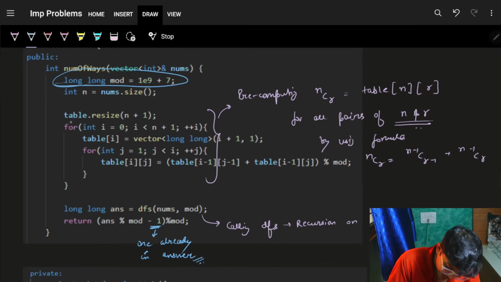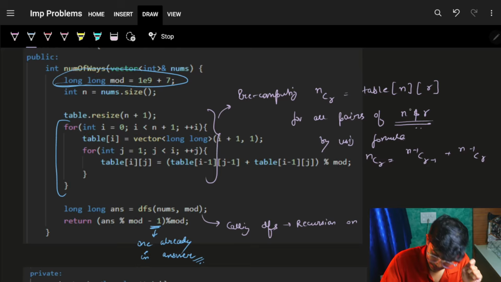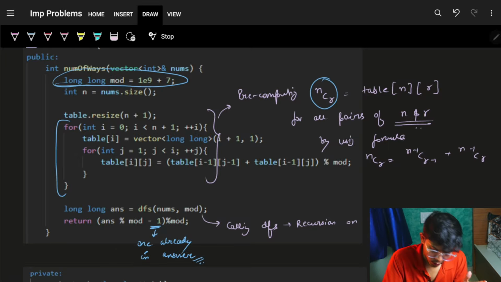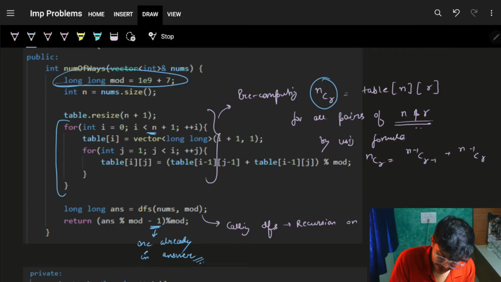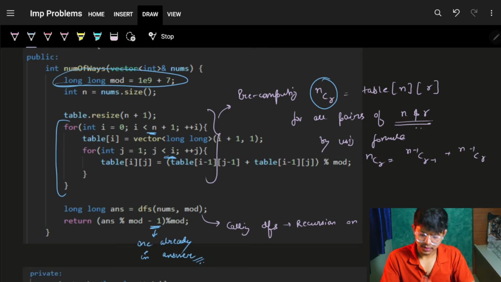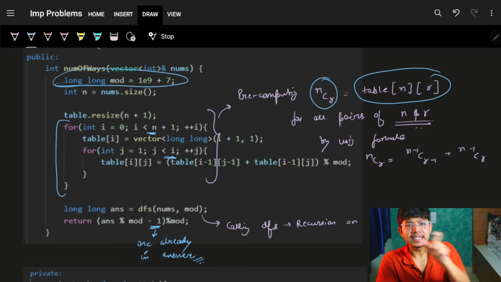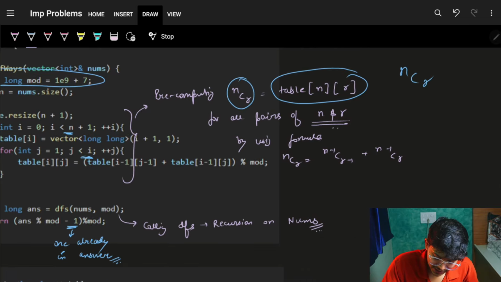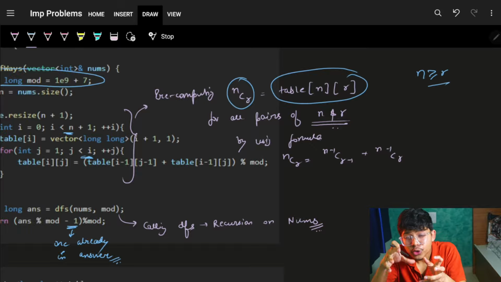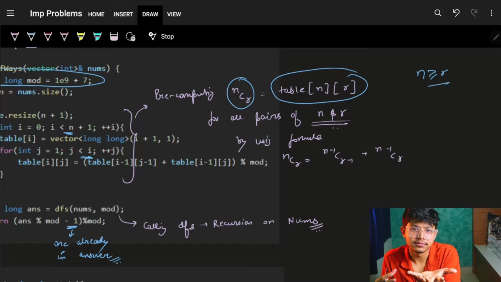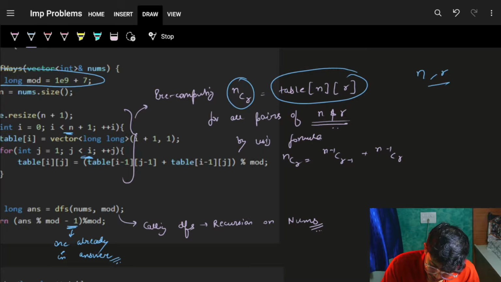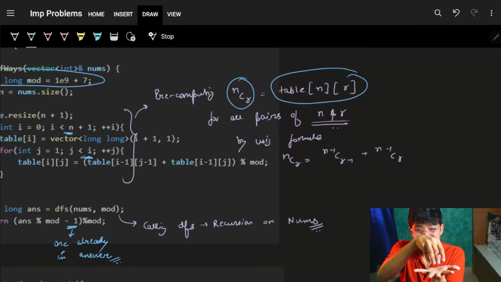Here I pre-computed my NCR. When I say pre-computation, I just need to apply a for loop up till n, to get NCR. And for sure, in NCR, n is always greater than or equal to r, because you need to choose r objects out of n. That's the reason r is always less than or equal to n.